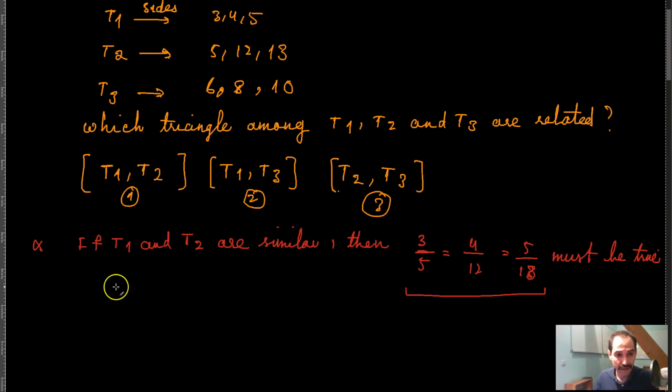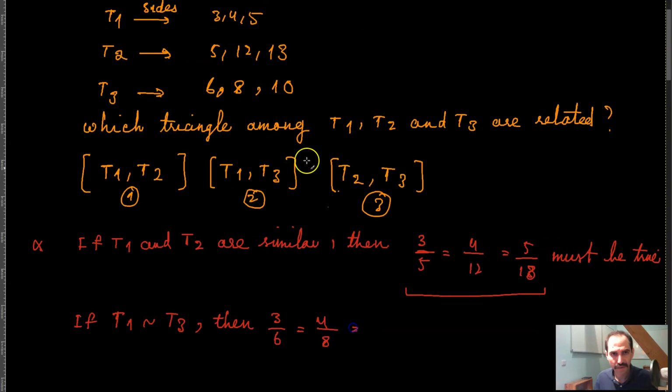So now I can say that if T1 is similar to T3, then the ratio 3 to 6 is equal to 4 to 8 is equal to 5 to 10 has to be true.